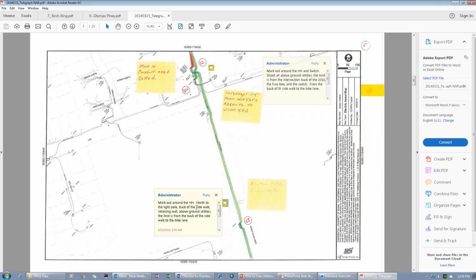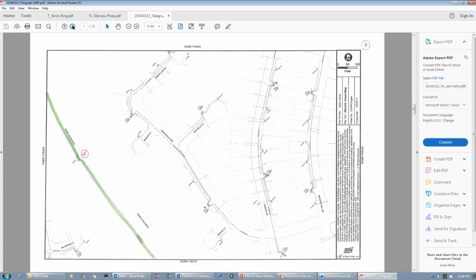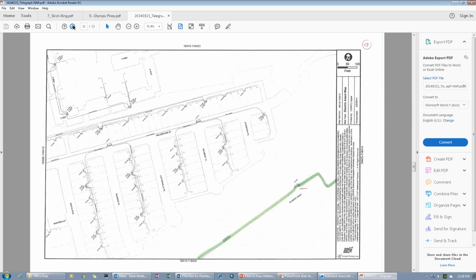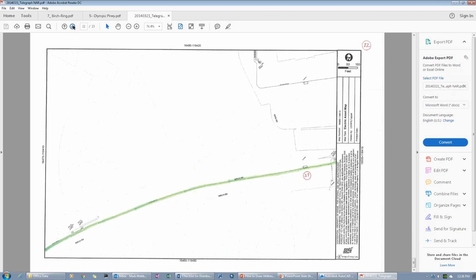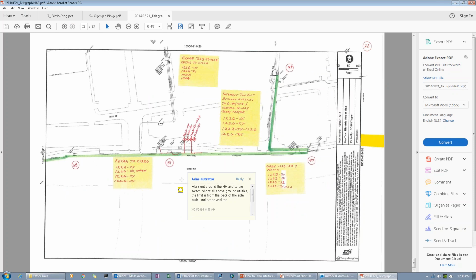And when they see something out in the field, a lot of times they'll take a picture of it. And what I was trying to do is get to it. No, didn't. But here's where he drew in something at one of the ends of this, and he gave you shots on it, told you what was going on. You saw some exposed utilities, so he took shots on them.